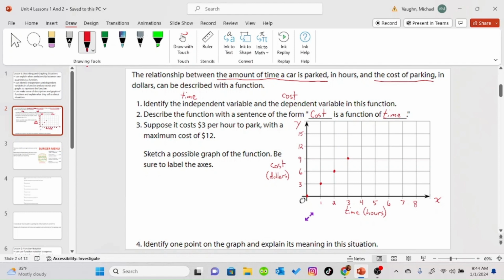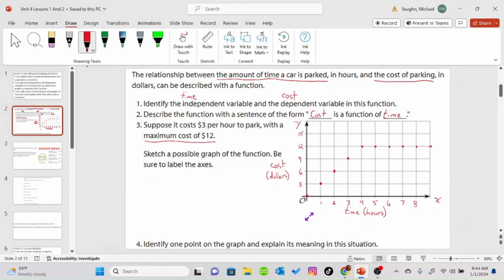If we park for 4 hours, the cost would be $12. And it tells us we have a maximum cost of $12. That means once we hit this point, any amount of time after that is still just going to be $12.